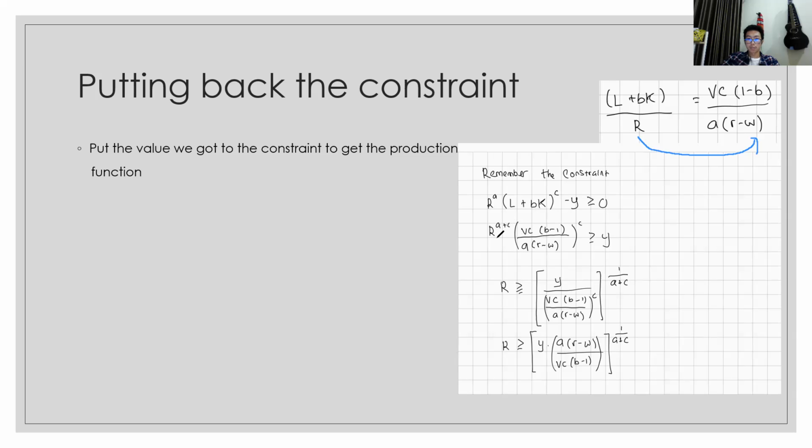So capital R to the power of A plus C, times VC over A, VC times B minus 1 over A minus R minus W. That is more than or equal to Y.